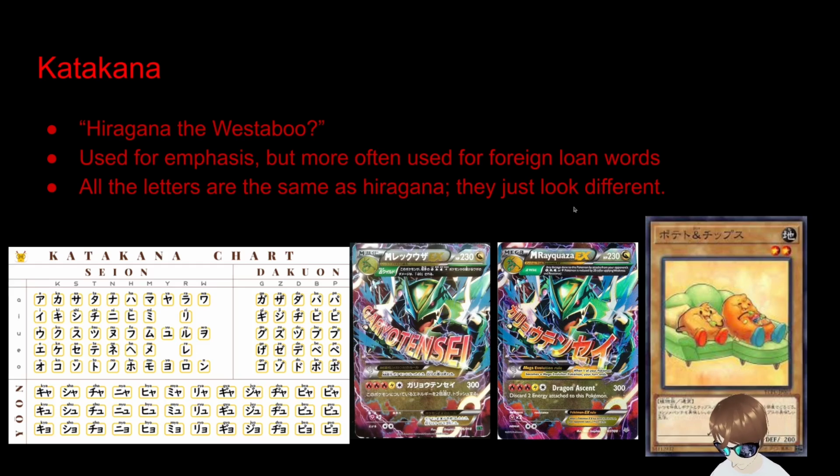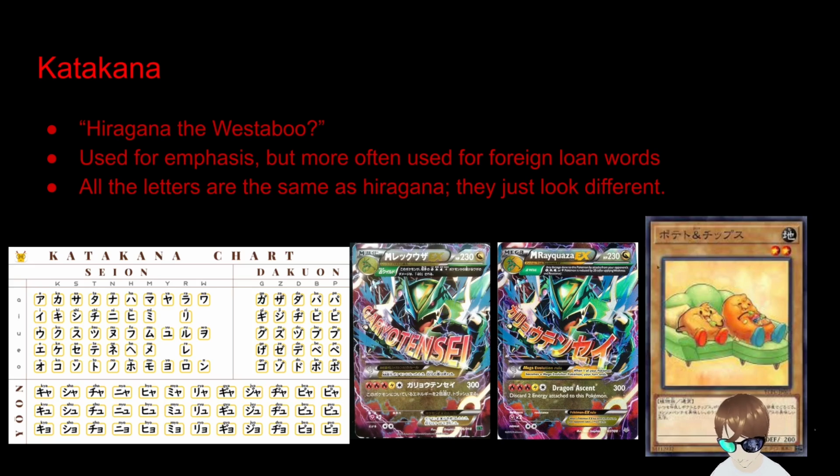Katakana is kind of descriptive, unlike romaji. This is what happens when you have certain words in English that don't have Japanese translations, or maybe they just want to write an English word with Japanese letters. And I have some examples here.